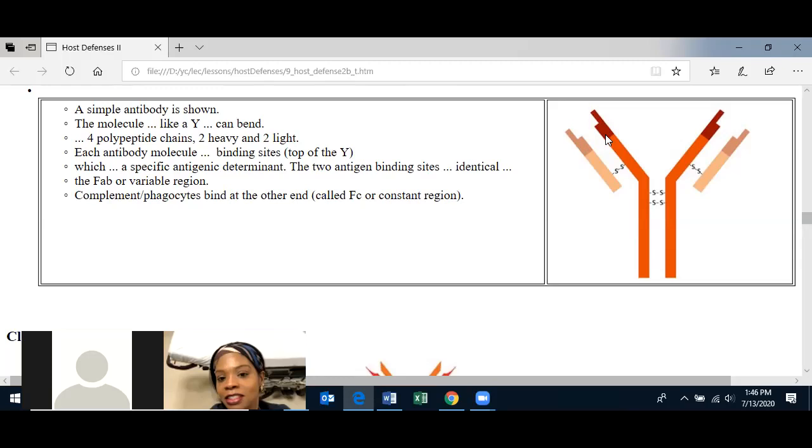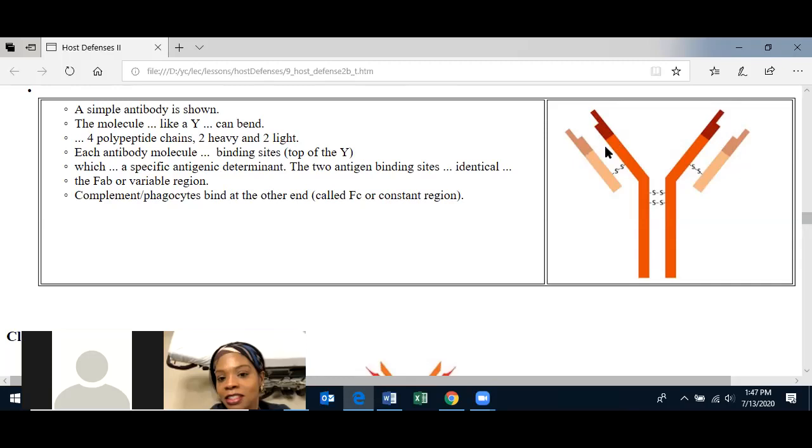Okay, so this portion that's a little bit darker from the rest of the molecule is called the variable region, because the amino acid sequence of the proteins of this antibody differ in this region depending on what epitope the antibody binds to. And they will have a different amino acid sequence in the variable region of the antibody if the antibody binds to a different epitope.